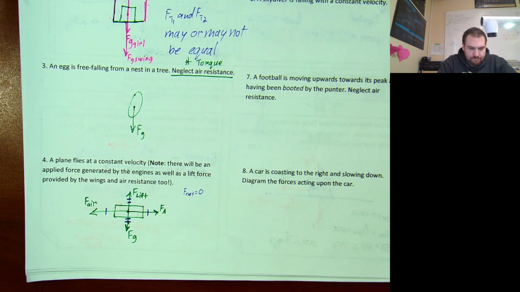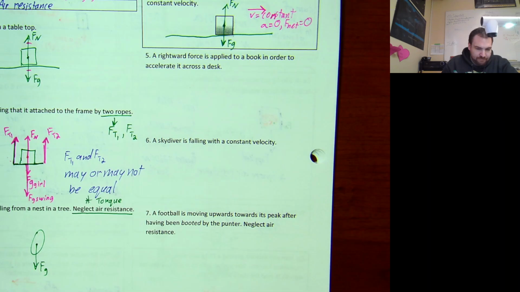Number 5, a rightward force is applied to a book in order to accelerate it across the desk. So now F net is not 0. Correct. So let's draw it. Here's my book. Here's my desk.